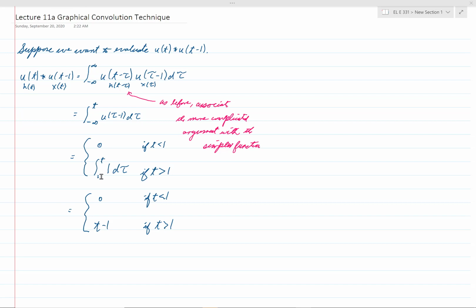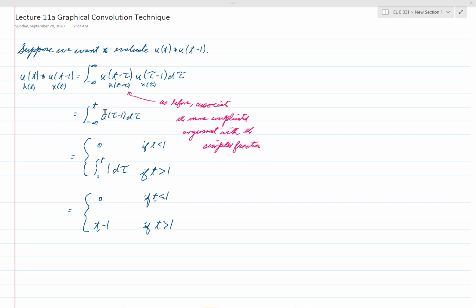So in this second case, where we assume that t is greater than 1, we make the lower limit of the integral 1, because that's when we begin to accumulate something. For all values of tau less than 1, we get nothing, so we don't have to go all the way back to negative infinity. We can begin at tau equals 1, and then we stop at tau equals t.